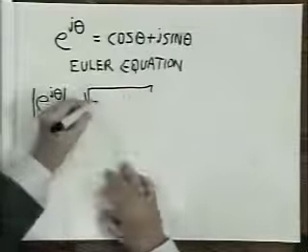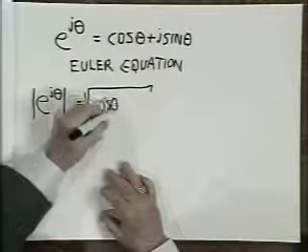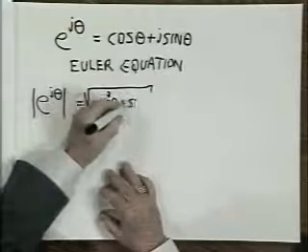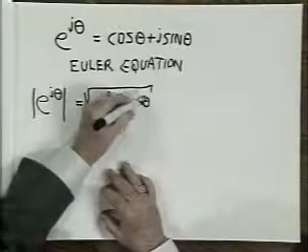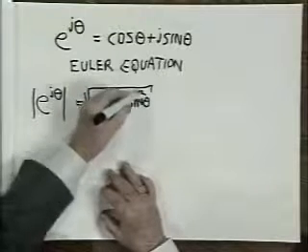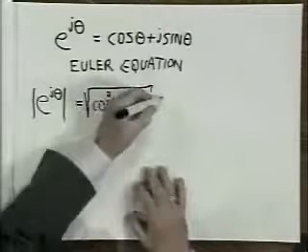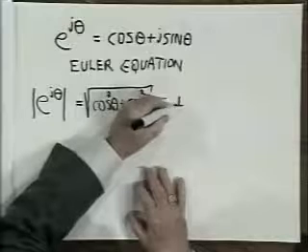Well, the real part is cosine theta squared, and the imaginary part is sine theta squared. And as you well know, cosine squared plus sine squared equals 1. So the magnitude of e to the j theta is always 1.